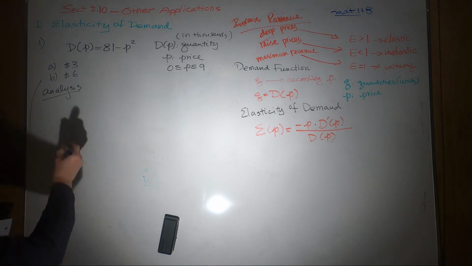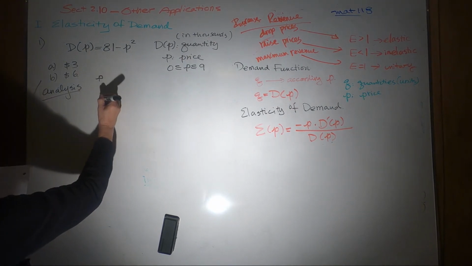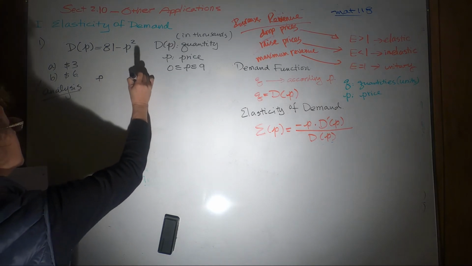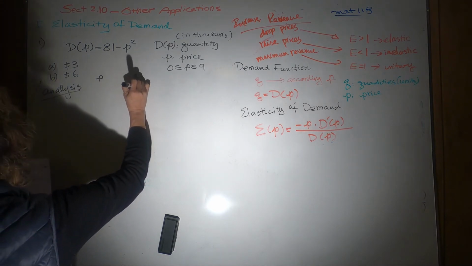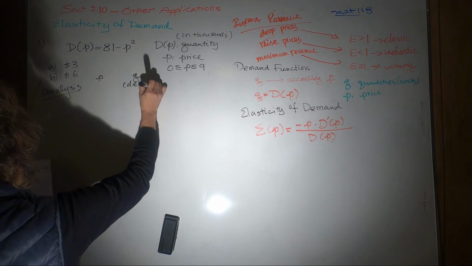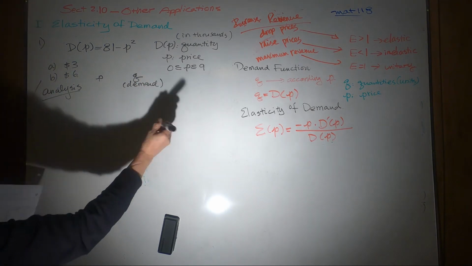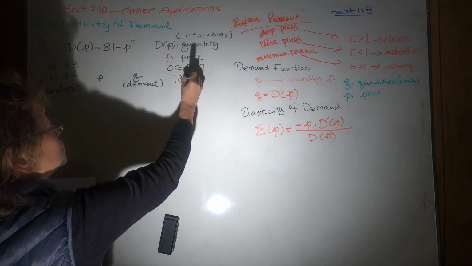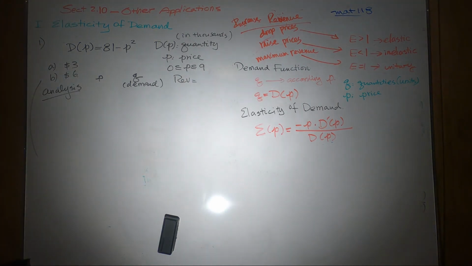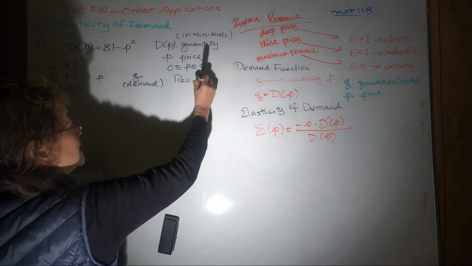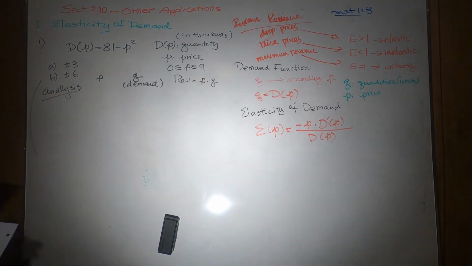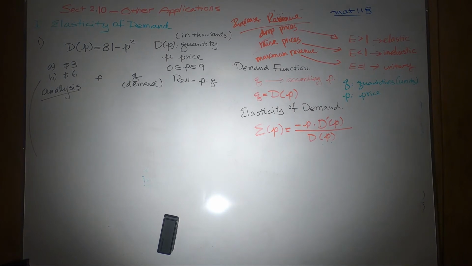That's how it works, right? So you have price, you have quantity, that would be demand, in thousands. Then you figure out your revenue. So what's the revenue? Revenue would be your price times the tickets sold in thousands, right?